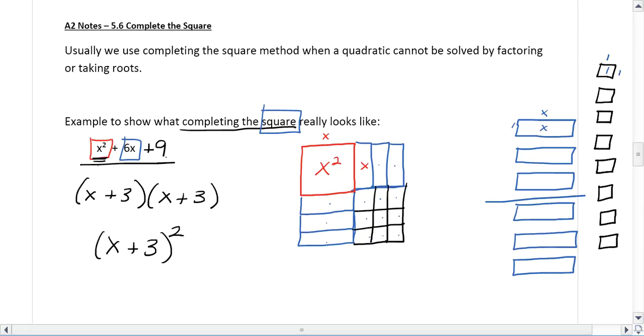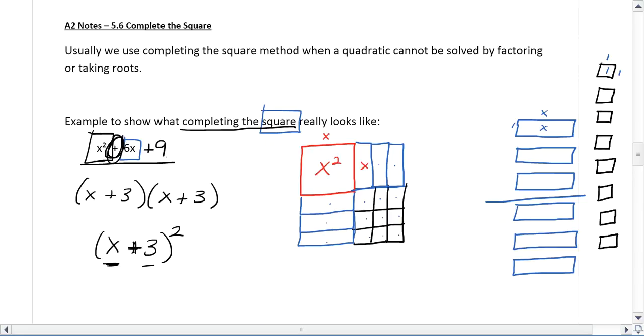A shortcut, if it's helpful: the first part of the factoring is the square root of the first term. The square root of x squared is x. The last part of the factoring is the square root of the last term. The square root of 9 is 3, and whatever sign we have right here becomes this sign.